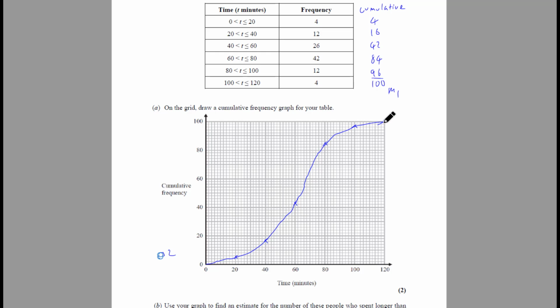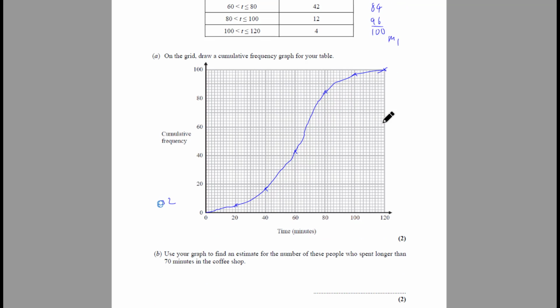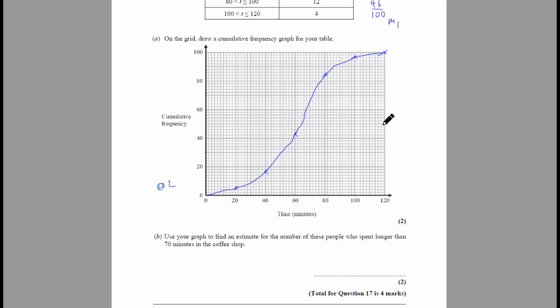And that is easy marks if you remember what you're doing. So use your graph to find an estimate for the number of these people who spent longer than 70 minutes in the coffee shop. So you should be professional.